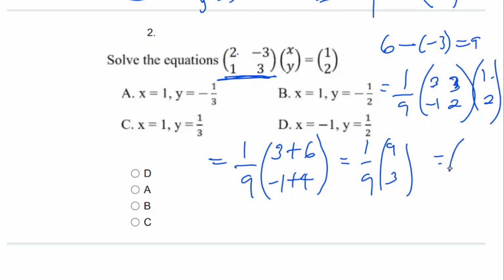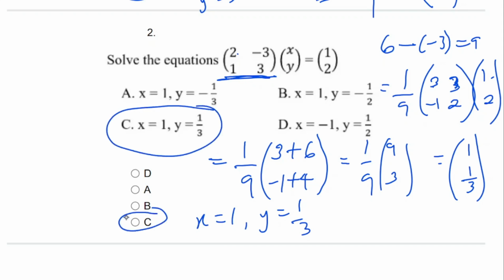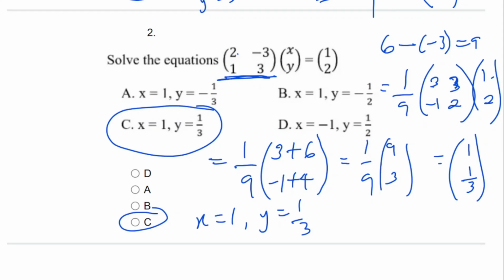So 9 divided by 9 will give us 1, then 3 divided by 9 will give us 1 over 3. Is that clear? That means x equals 1 and y equals 1 over 3. So that is option C as well, which is this. I hope I'm making sense.